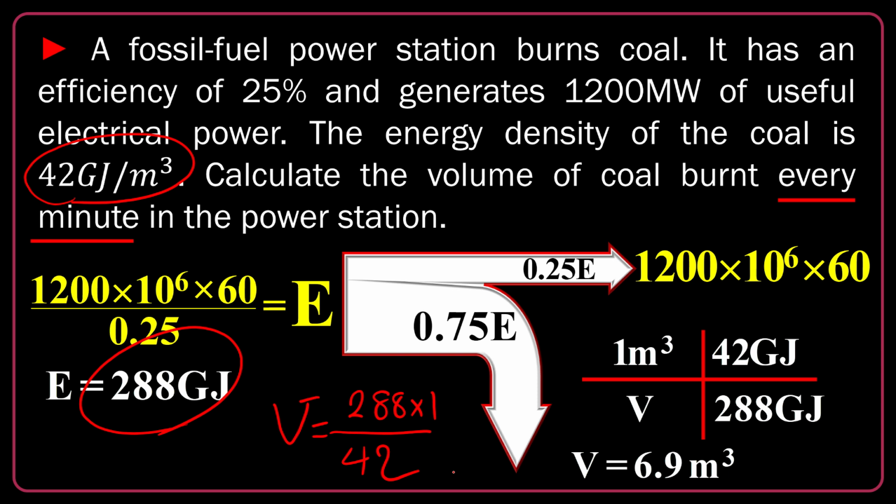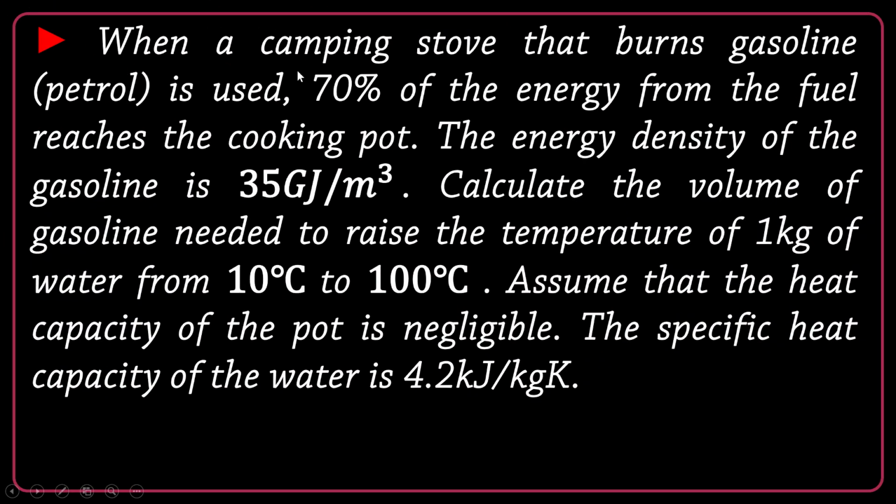This is the total volume of the fuel needed in 1 minute in this power station according to the given energy density. When a camping stove that burns gasoline petrol is used, 70% of the energy from the fuel reaches the cooking pot. So the efficiency of the process is 70%. The energy density of the gasoline is 35 gigajoule per cubic meter.